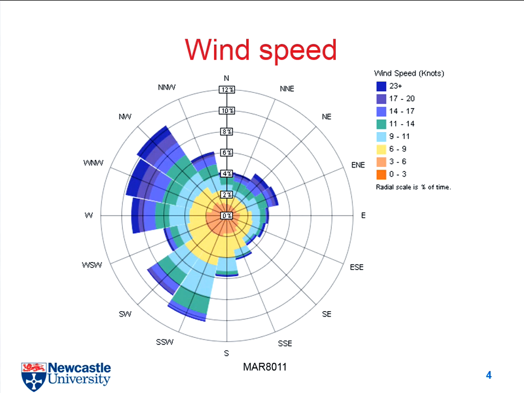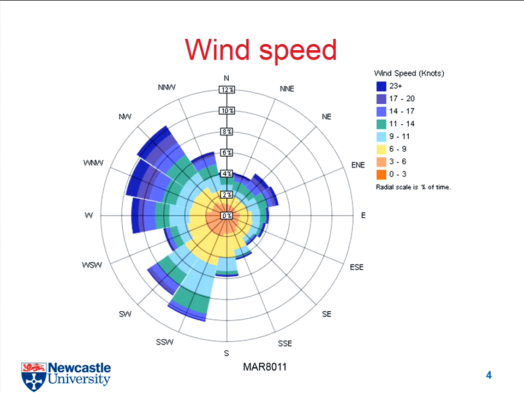And you have different spokes with different length. So according to the length, and you have different marks on the circles, you can read the percentage. Here is the probability of the wind in that direction.